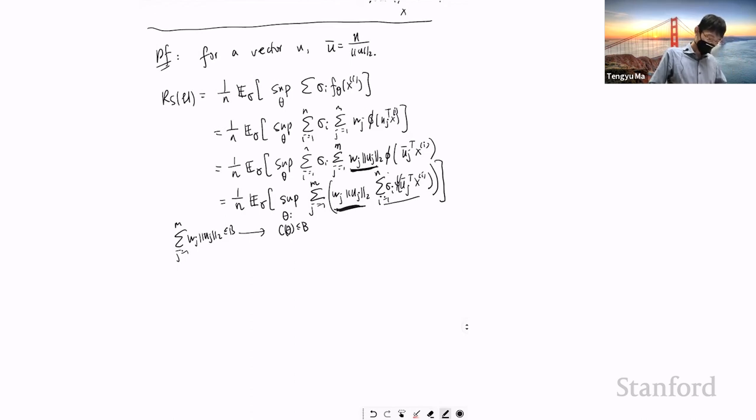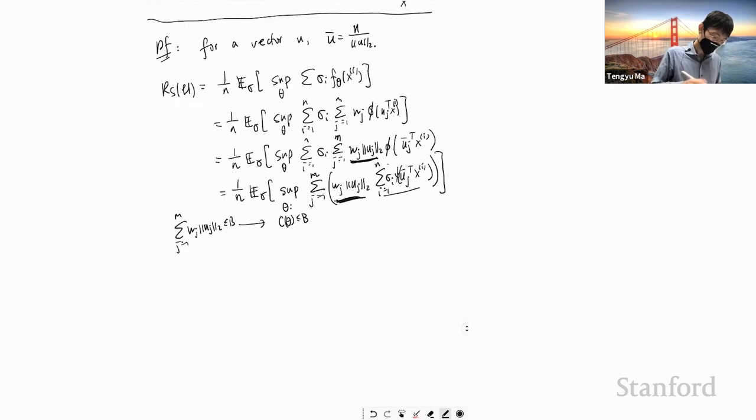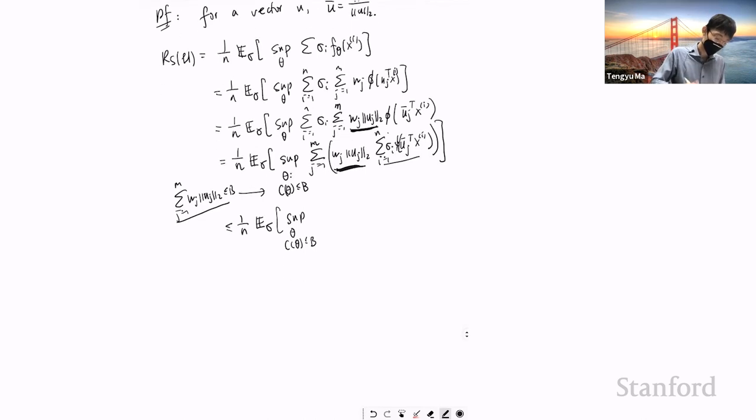Okay, thanks. So we know that the sum of Wj times Uj 2-norm is less than B. That means you can use an inequality here. Basically you are applying that the sum of ai bi is less than the sum of ai times the max of bi.